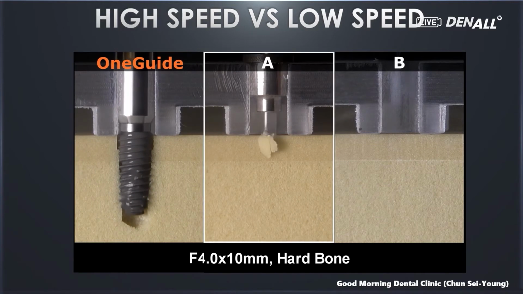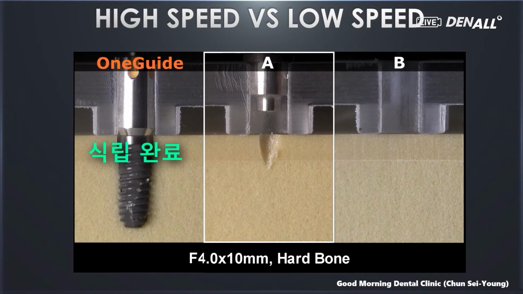The second image of drilling is an example of low-speed drilling. Through the drill tube, it is driven at a low speed.